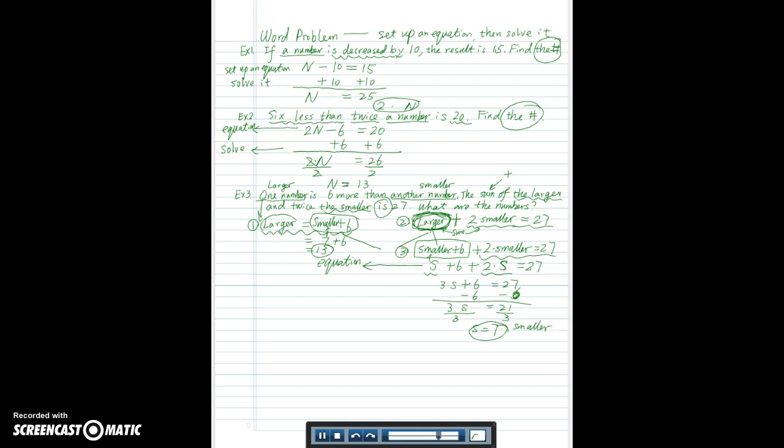So example 3 is more difficult than example 1 and example 2. A lot of times we have examples like this, but maybe written differently. So we're going to look at one more example, example 4.